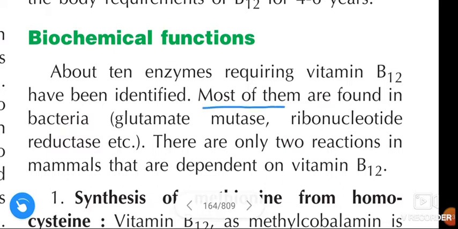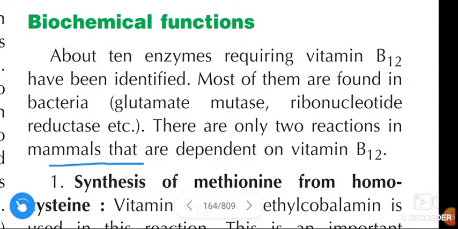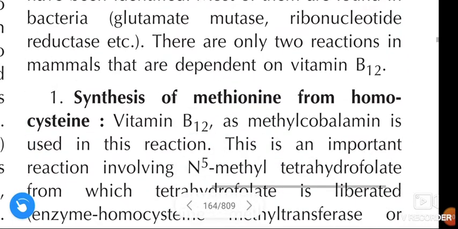Most of these enzymes that depend on vitamin B12 are found in bacteria, and the examples are glutamate mutase, ribonucleotide reductase, etc. There are only two reactions in mammals that depend on vitamin B12.